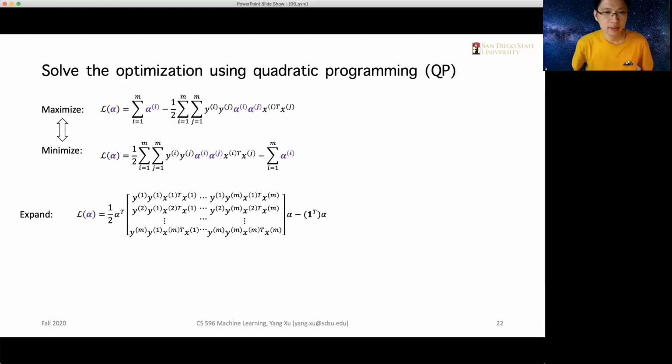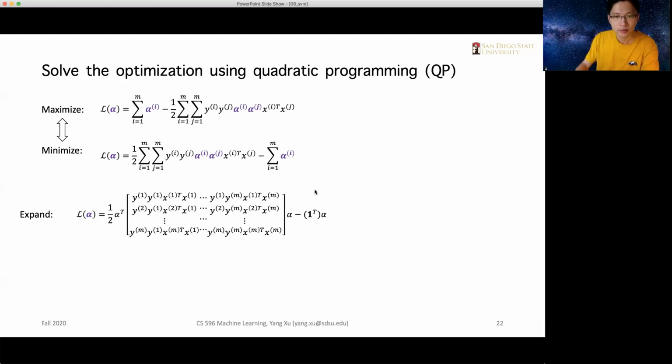Okay, so if we look at each term within this two-layer summation, we can express it with a matrix multiplication.